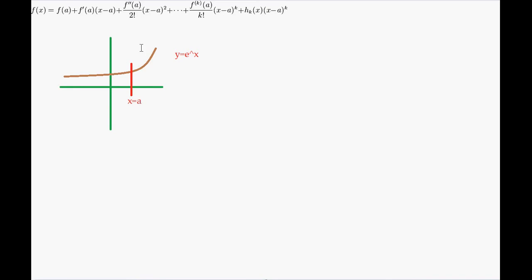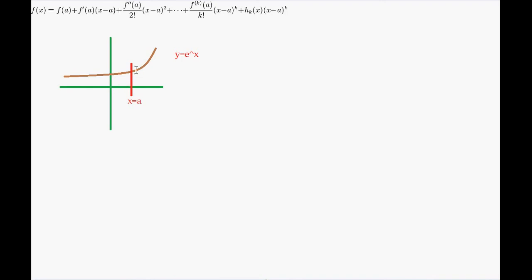So what this means is that if I have x equals a, then this function, the approximation of Taylor's theorem, is going to equal the actual function y equals e to the x only at this point, because this is the point which the polynomial will pass through in order to emulate this actual graph as best as possible.